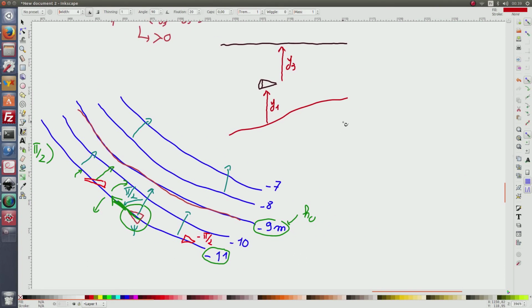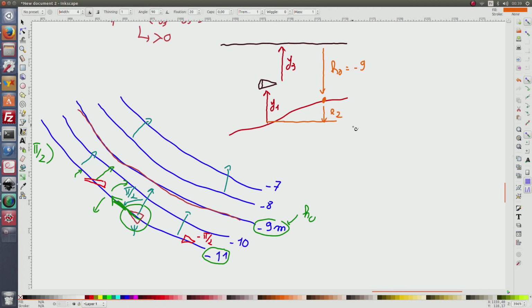I have here the isobath where I want to go. So here it corresponds to h0, which is for my exercise minus 9 meters, which is negative. And here I will have the error. I will call it E2.